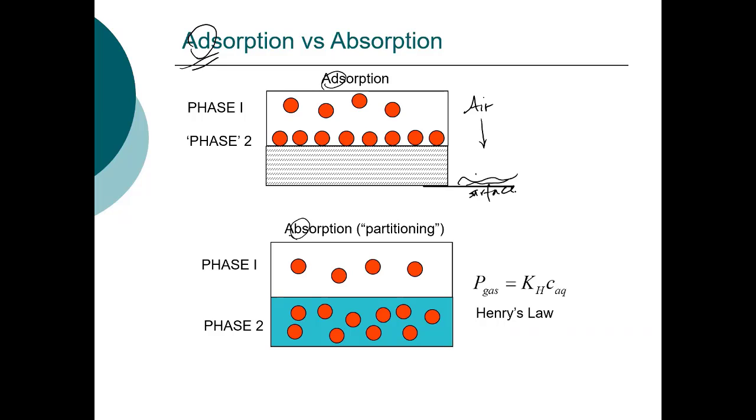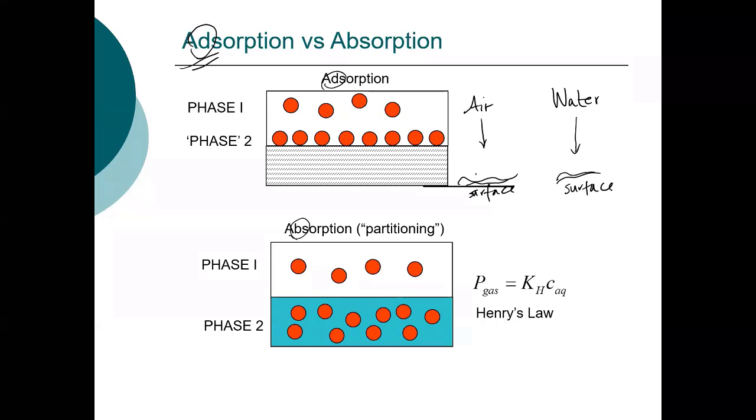Why? Because those chemicals from the cigarette smoke have adsorbed to, for instance, the fiber of curtains or the fibers in a carpet. Same thing is we can have contaminants in water, and those contaminants can adsorb also onto a surface.